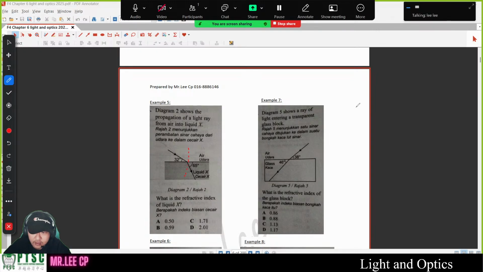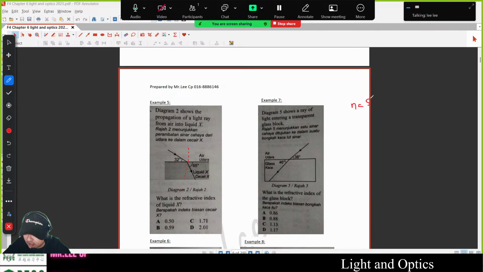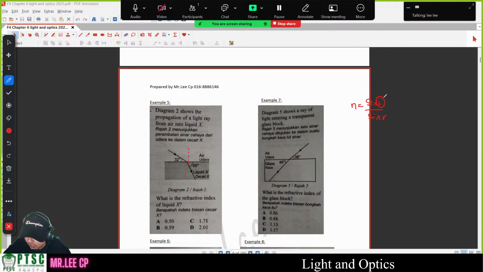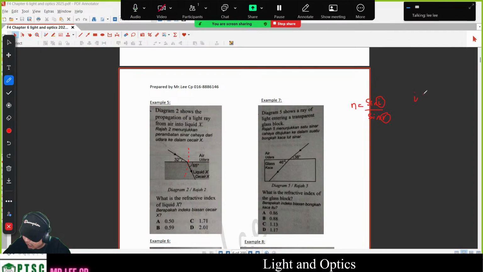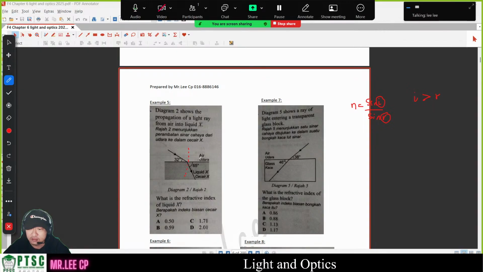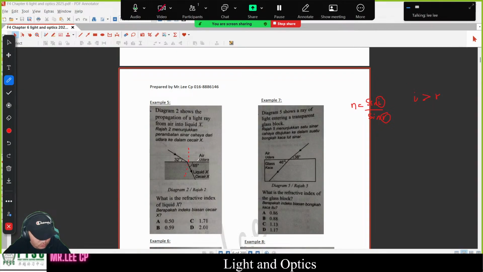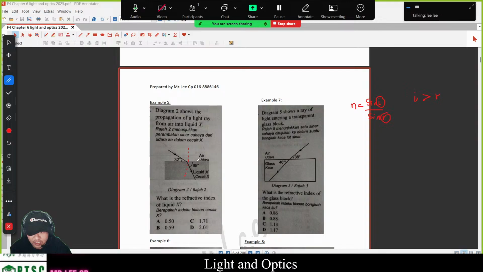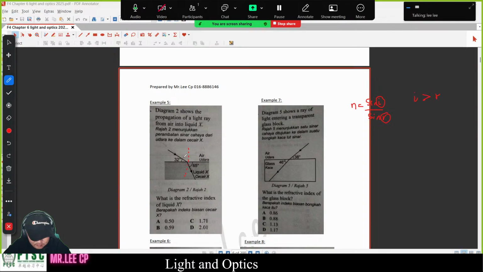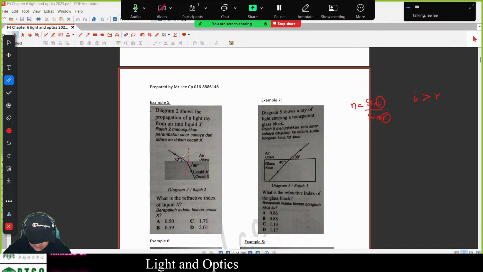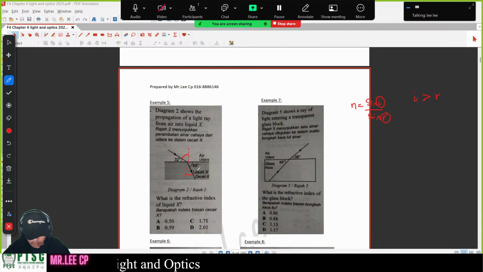Now n is equal to sine i over sine r. i is always bigger than r. You have to be careful that the i and r must be bounded between the incident ray and the normal, and the refracted ray and the normal.